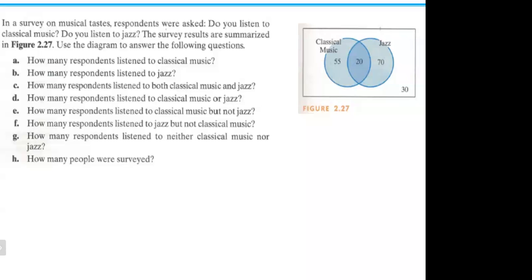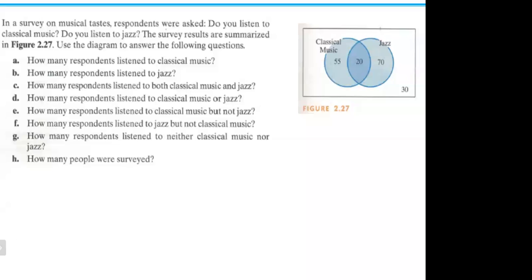Okay, I'm going to ask each of you to answer two. I'm going to start with Ms. Nairn. The first two questions, A and B. Can you tell me what your answer is, please? For A, 75. And for B, 90.